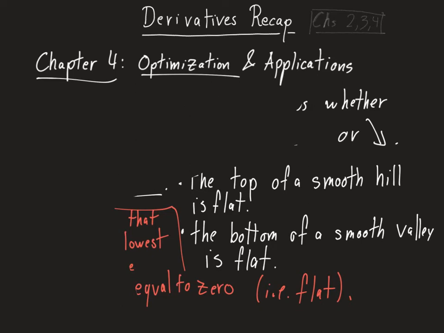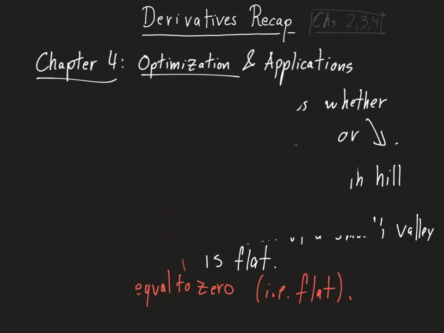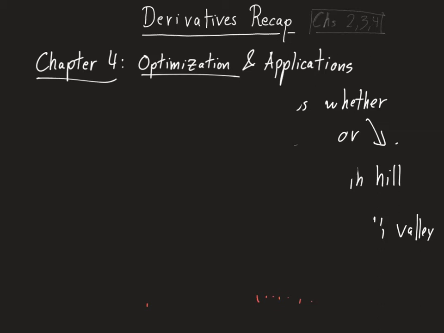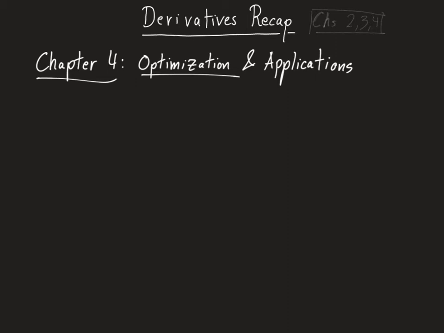But how does this reflect itself in a math problem of the sort that I'd give you guys on, say, the exam of next week? And what does this mean by optimization?